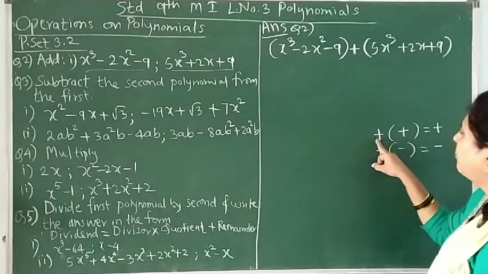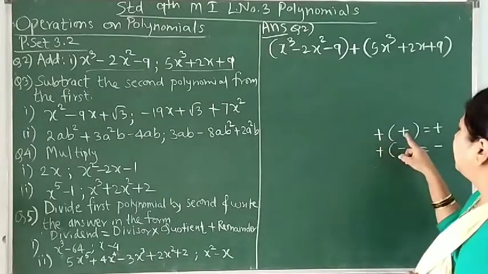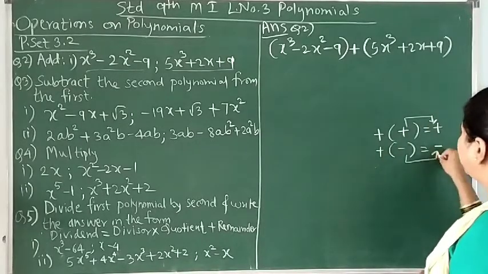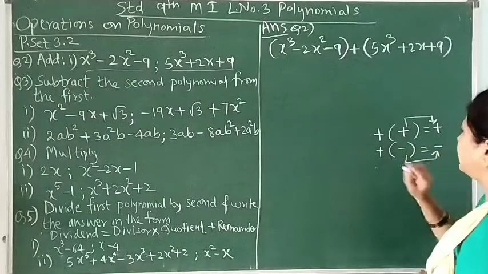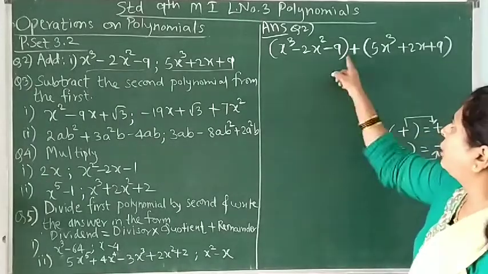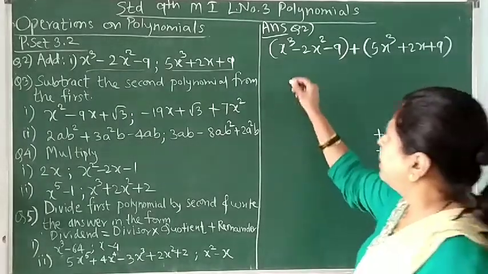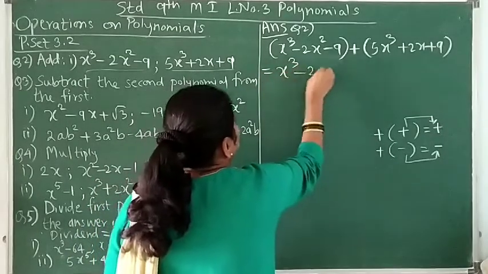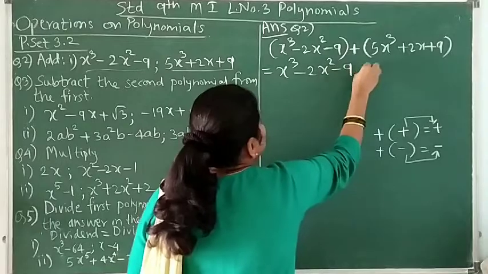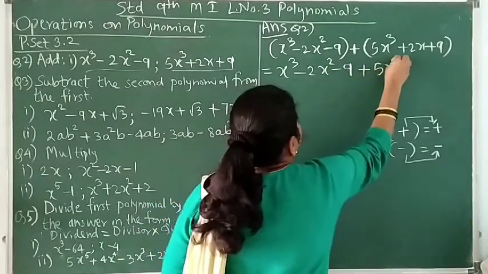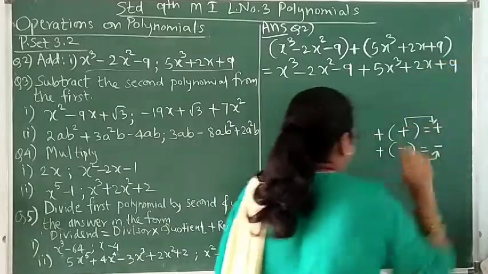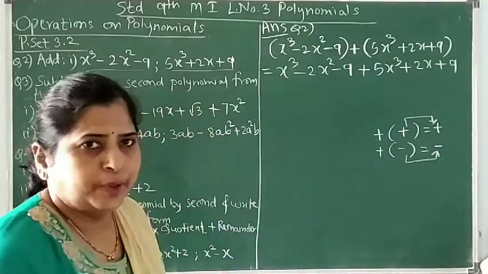So when you multiply with plus, the signs in the bracket remain the same. Using this simple law, we open the bracket: x cubed minus 2x squared minus 9 plus 5x cubed plus 2x plus 9. This is called solving the bracket.